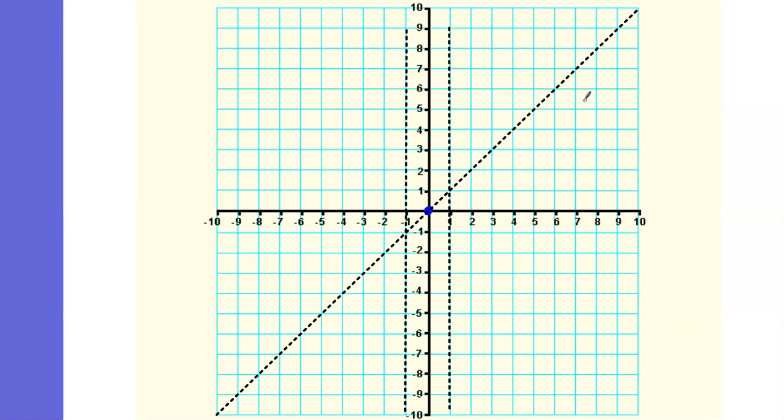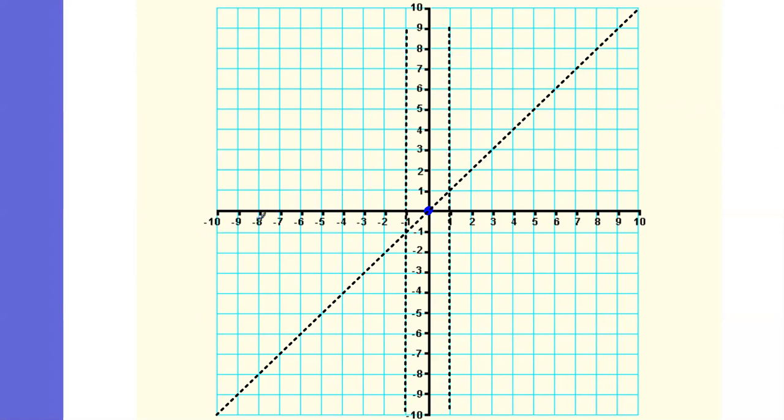Same thing up here. As my x values get larger and larger, my graph is just going to run into this wall right here. Same thing with these vertical asymptotes. Either it's up here or it's down here, right here or right here. So let's start plugging in points and find out where it's at.